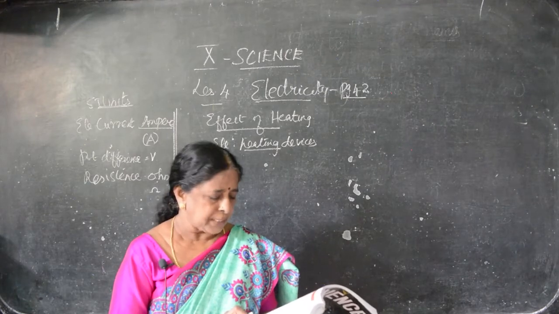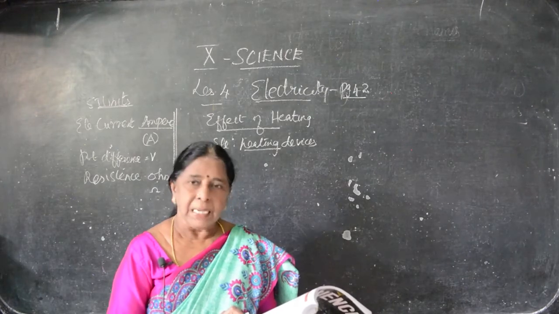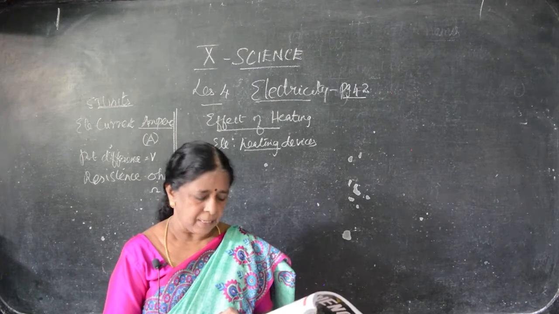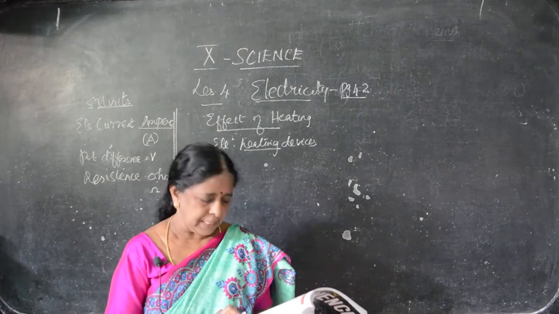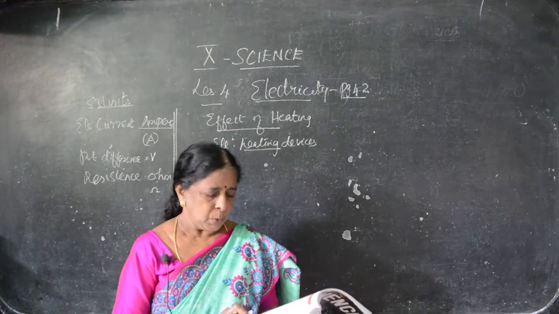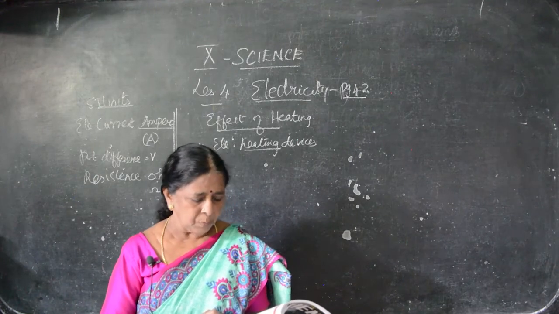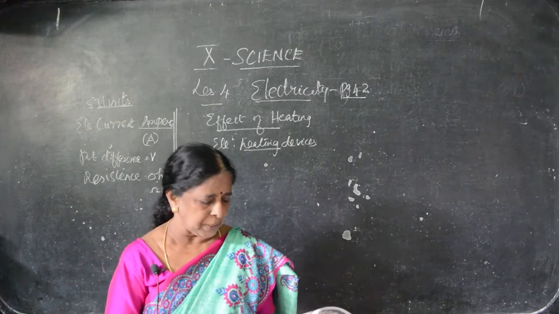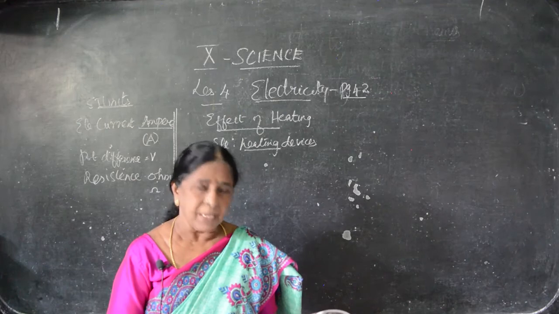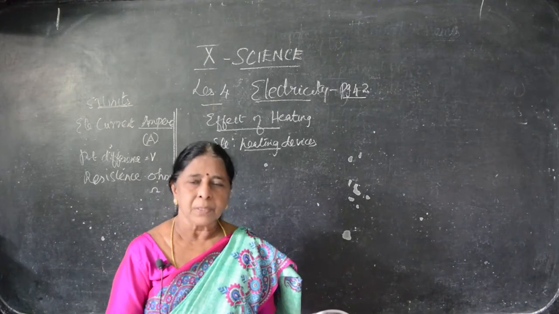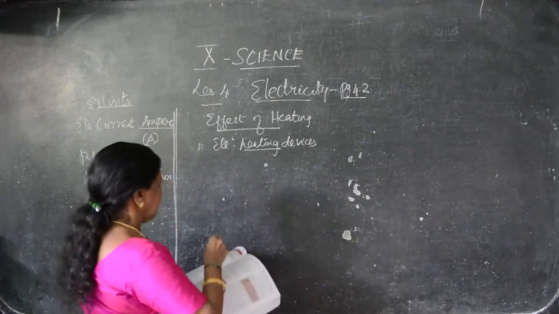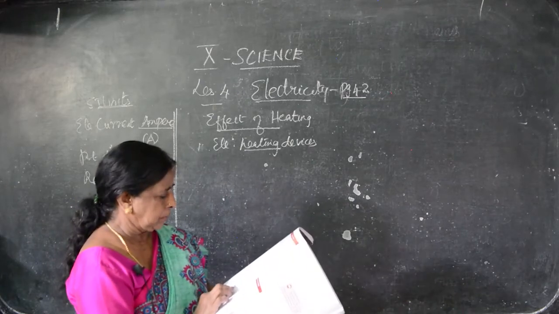For example, electrical iron box, electrical toaster, electrical oven, electric heater, geyser, etc. In these appliances, nichrome, which is an alloy of nickel and chromium, is used for heating effect because this is important. So what is the heating effect we are using here?